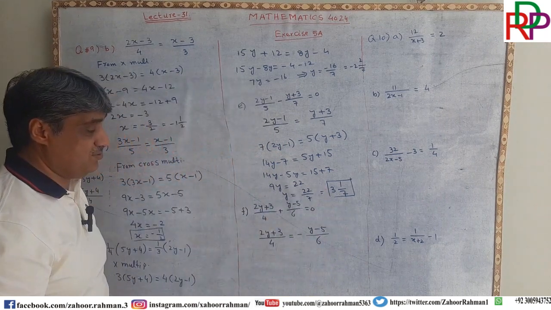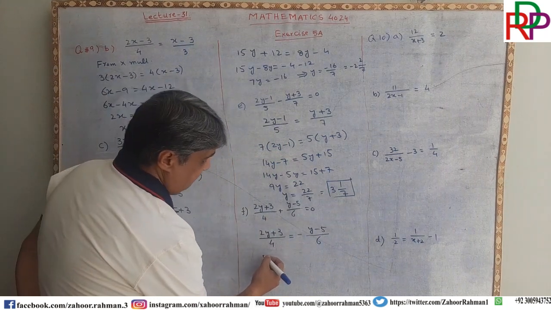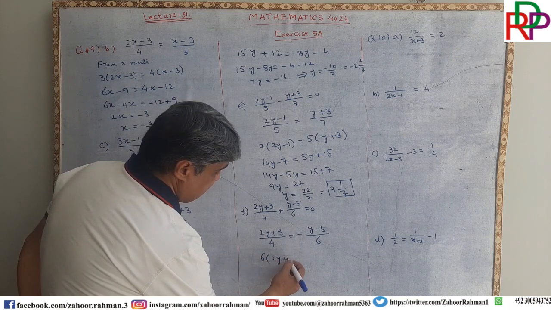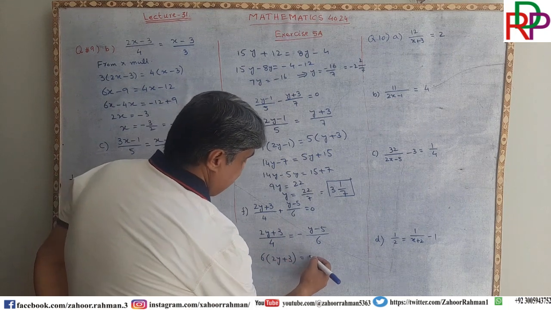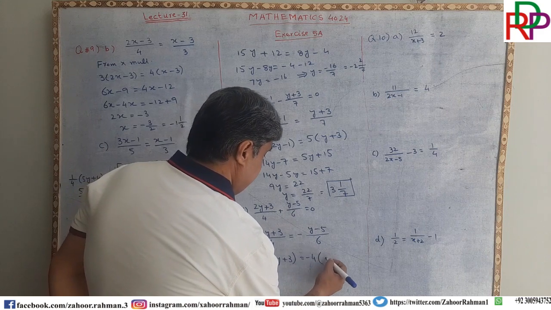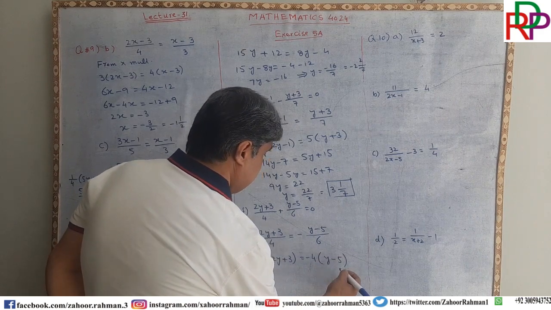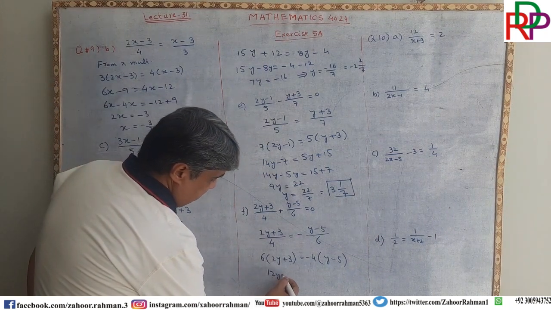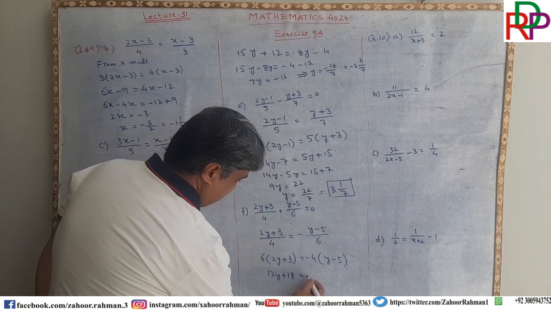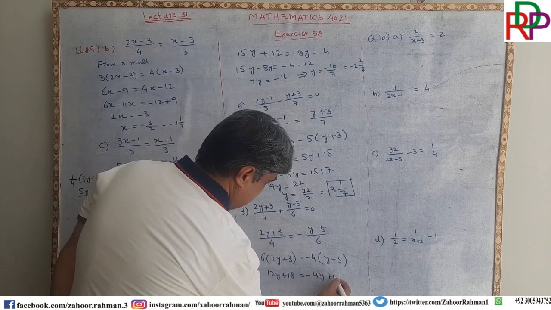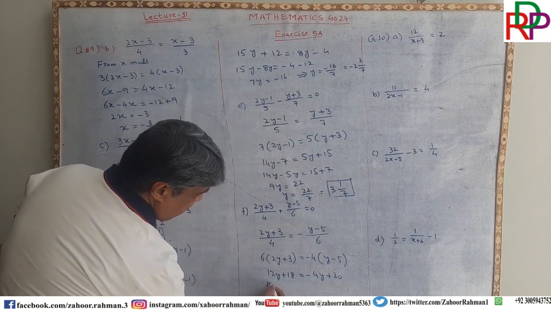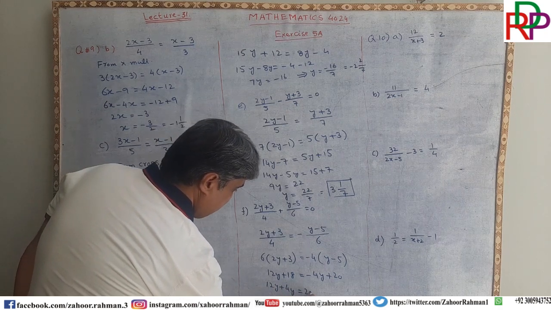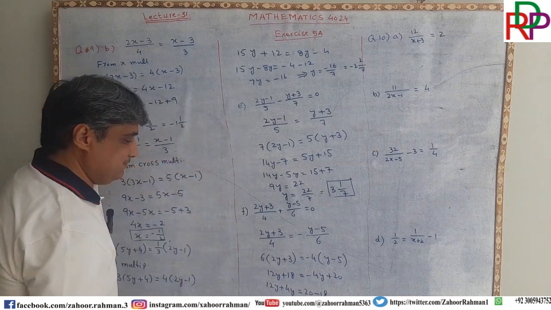When this is shifted to the other side, and then from cross multiplication, 6 into 2y plus 3 minus 4 into y minus 5. 6 twos are 12y plus 18, and minus 4y plus 20. 12y plus 4y, 20 minus 18.